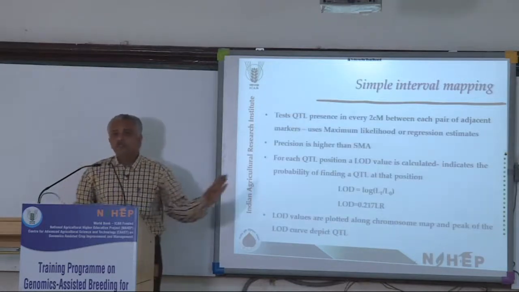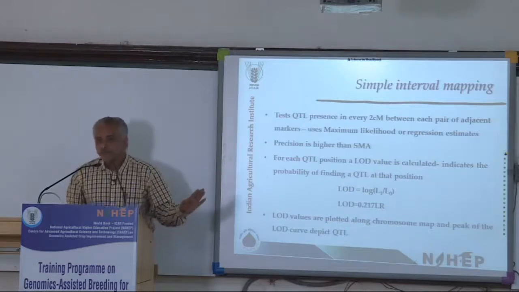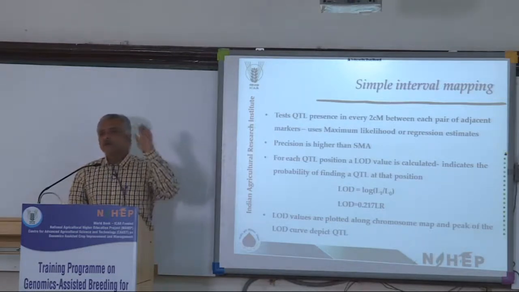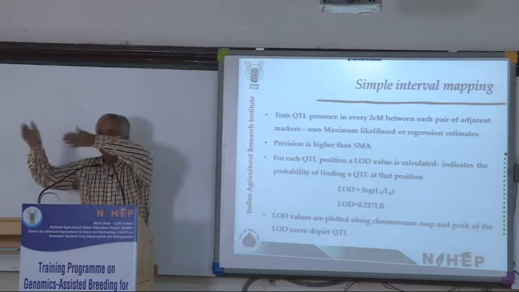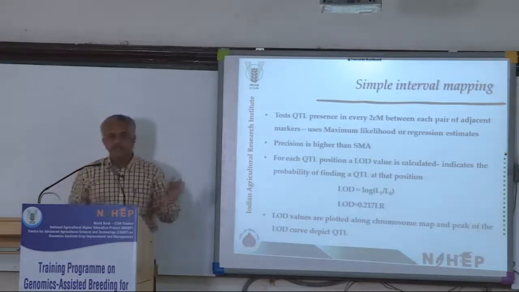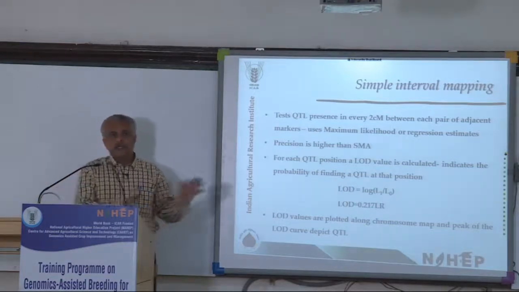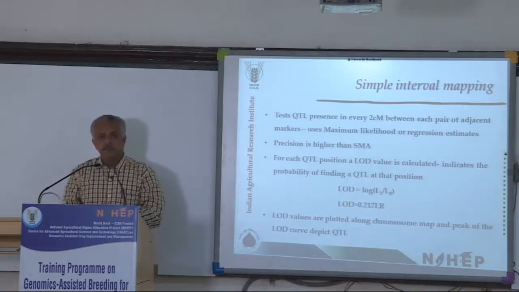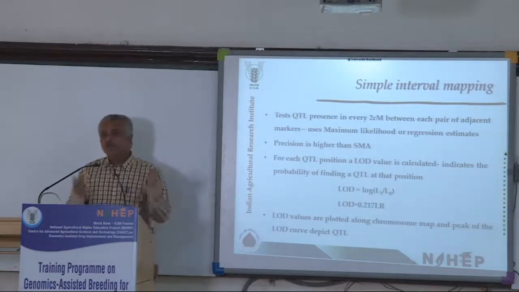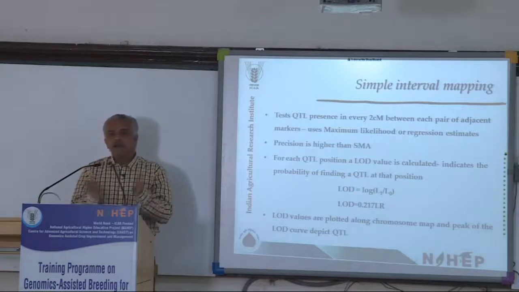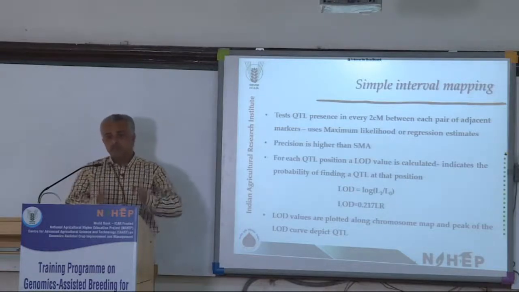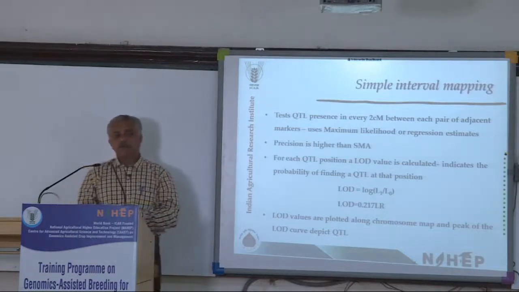So, there are two methods here. Simple interval mapping, which is just as I said, walking in between the distance and estimating. And the second one is composite interval mapping, where we not only walk, we also estimate, we use a model here.